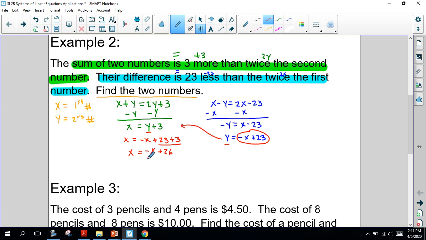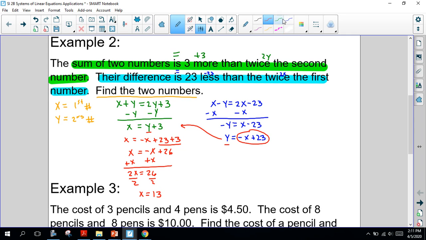So to make that happen, I add x to both sides. And so if I add x here to both sides, I've got 2x is equal to 26. Dividing each side here by 2, you end up with your x value equaling 13.